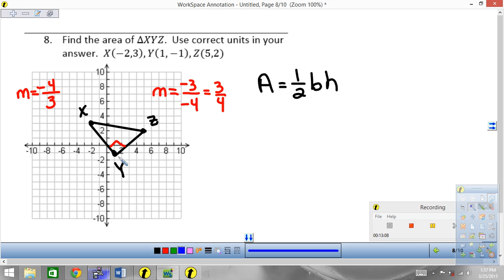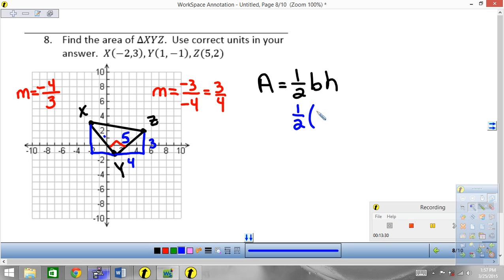Since this is a right angle, then I can find this distance here and this distance here of these two sides to find my base times height and plug it into the formula 1/2 base and height. So my base, and we've talked about this, if this creates a 3, 4 on the legs of your right triangle, then we know, because this is a Pythagorean triple, that this side will be 5.